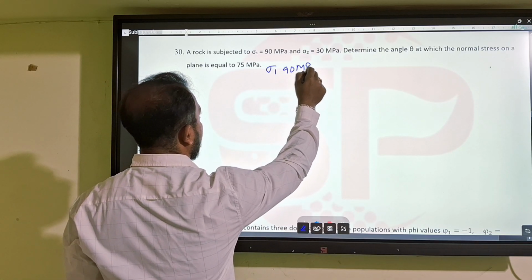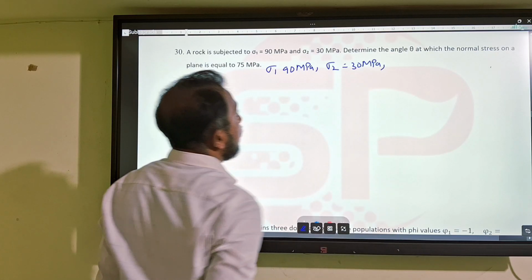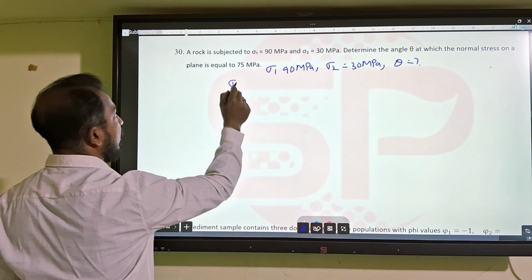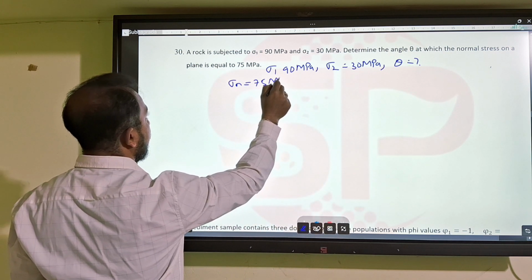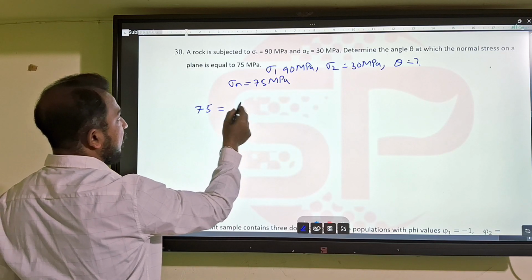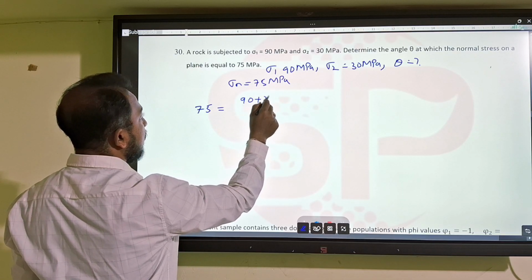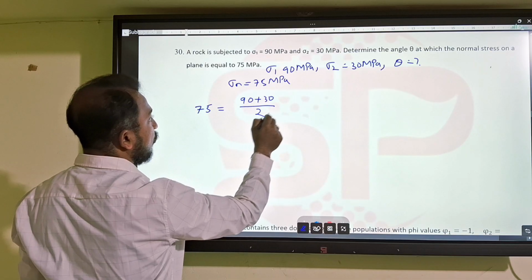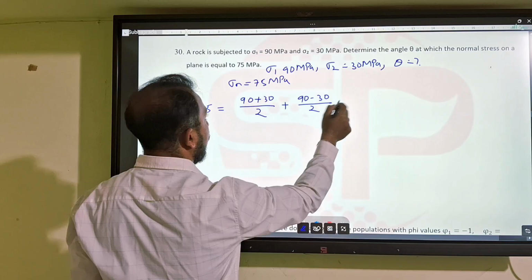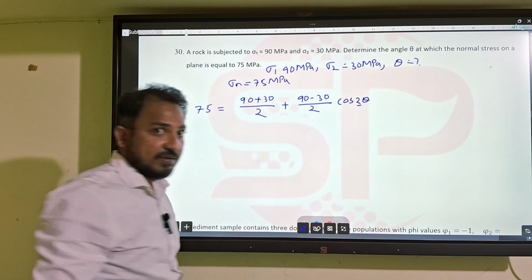Then a rock is subjected to sigma 1 given as 90 MPa, sigma 2 is given 30 MPa. So here we have to calculate the theta. Sigma n is given 75 MPa. So it will be 75 MPa equal to (90 plus 30) divided by 2 plus (90 minus 30) divided by 2 into cos 2 theta. So you have to calculate the theta here.